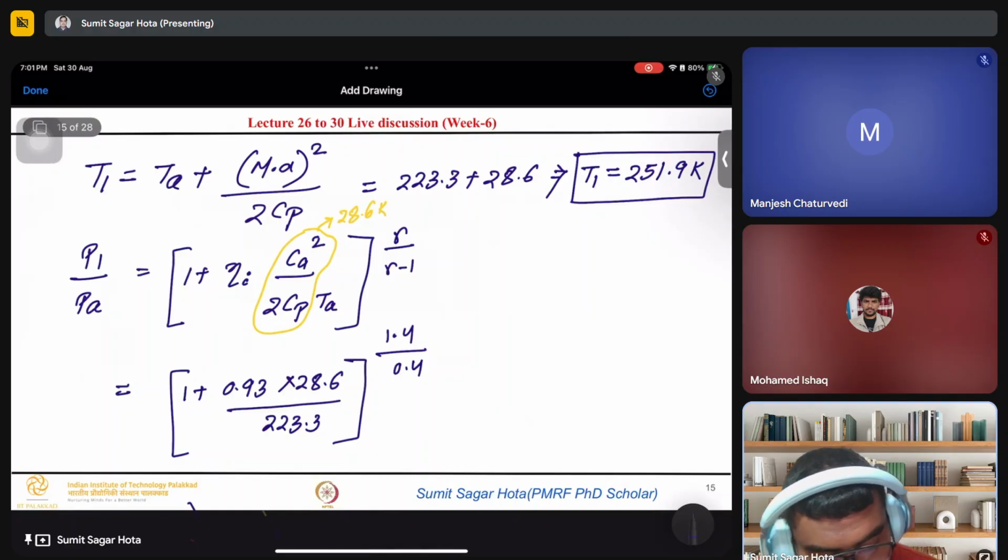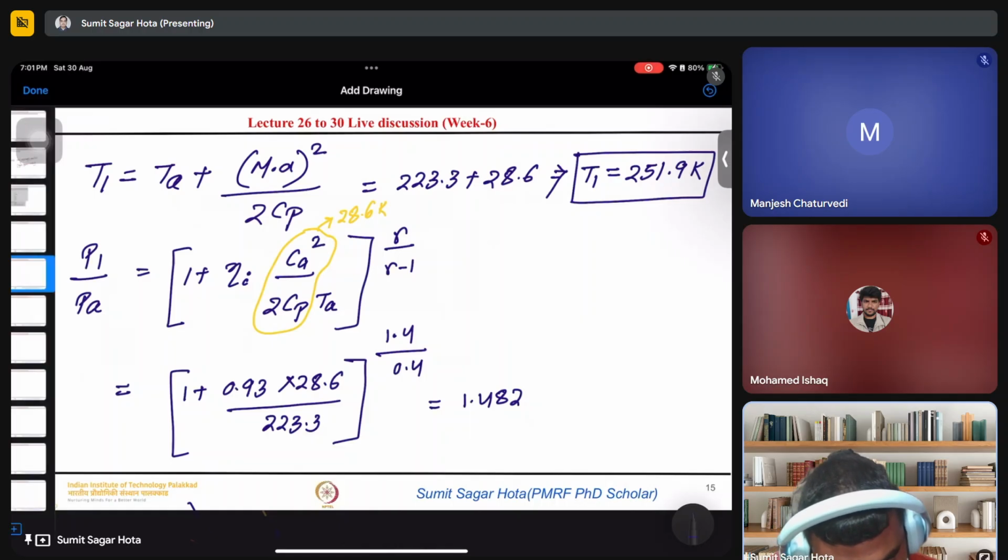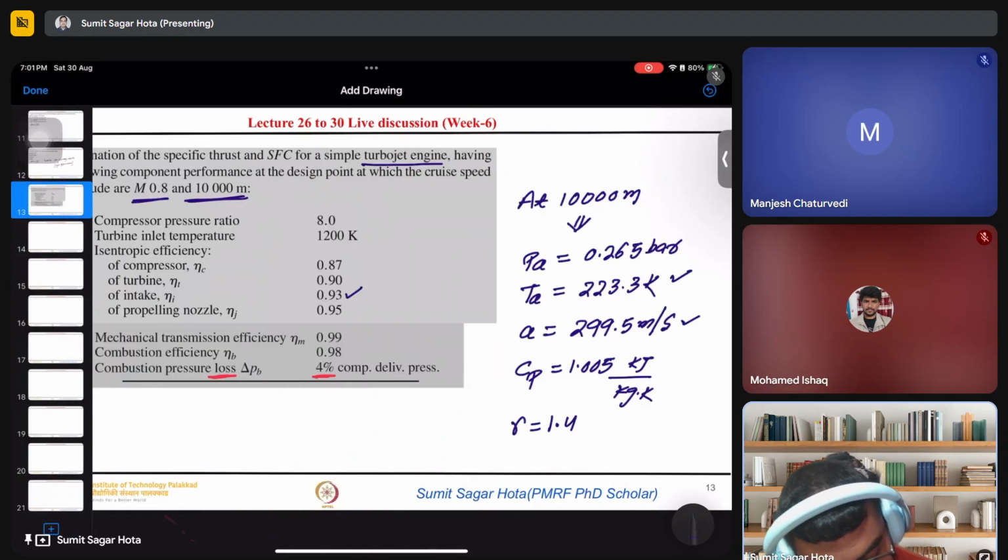Now if you solve this, you will get the value 1.482. Now Pa you also know, Pa is 0.265 bar.